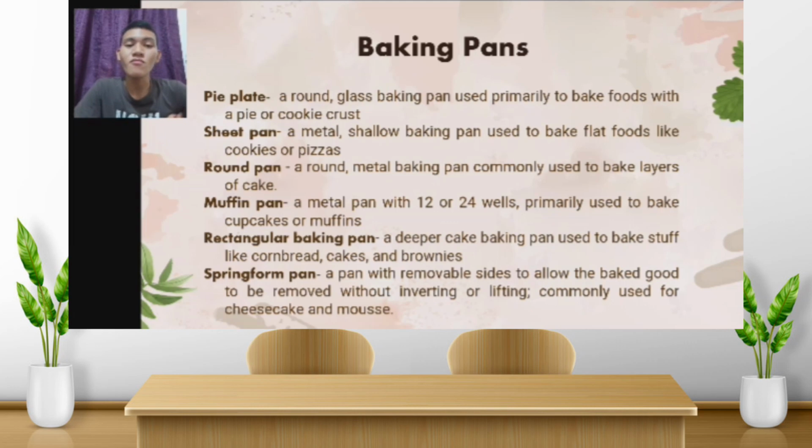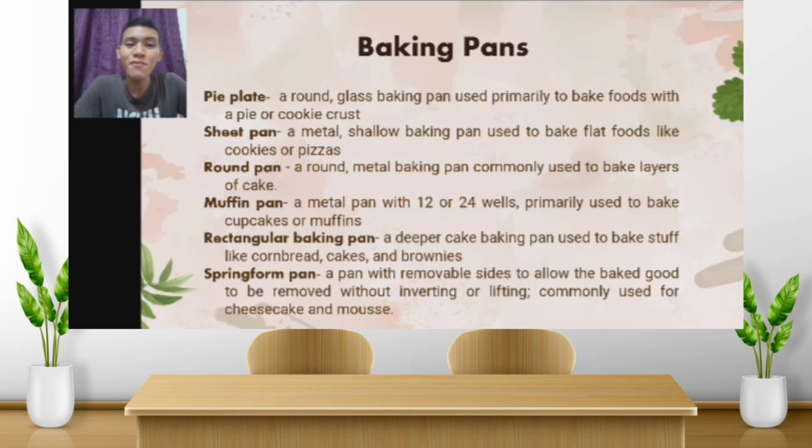Okay? Muffin pan. It is a metal pan with 12 or 24 wells, primarily used to bake cupcakes or muffins. Okay? We have also the rectangular baking pan. A deeper baking pan used to bake stuff like cornbread, cakes, and brownies.